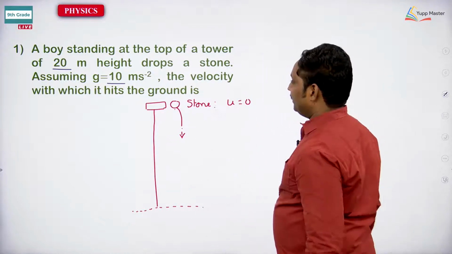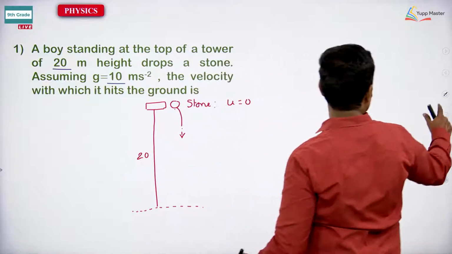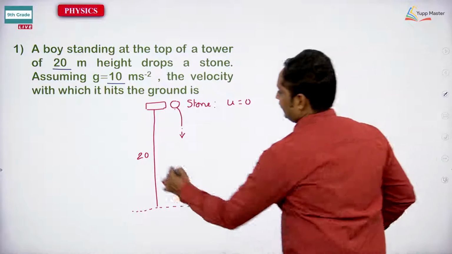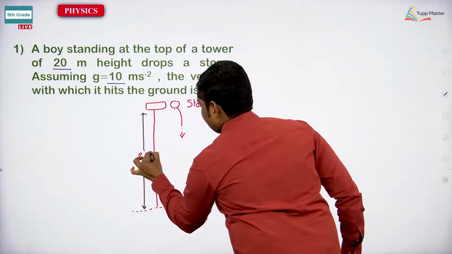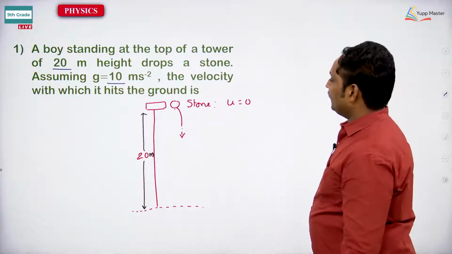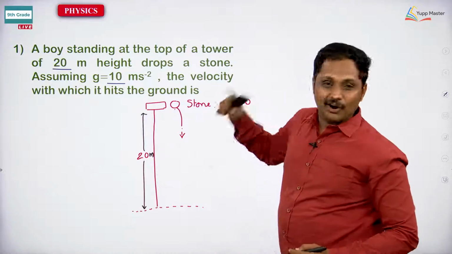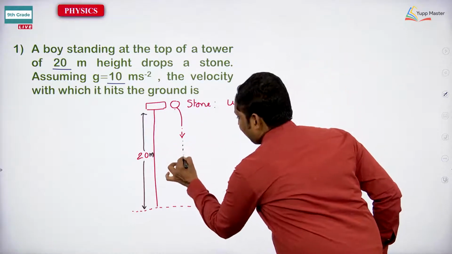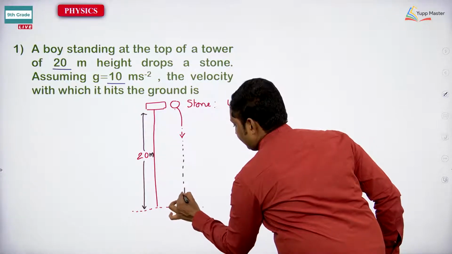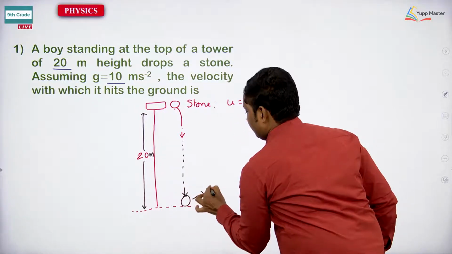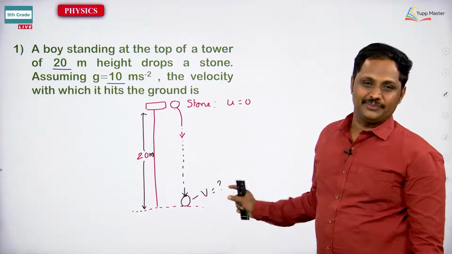They have given a 20-meter height, so you have to take that 20 meter height. What are they going to ask? The velocity with which it hits the ground. That is going to be v, question mark. Just apply that concept.